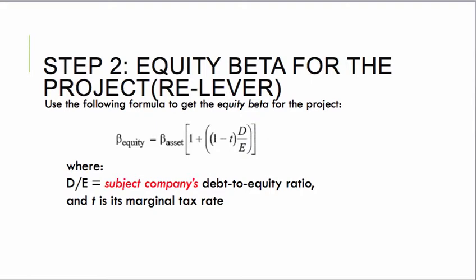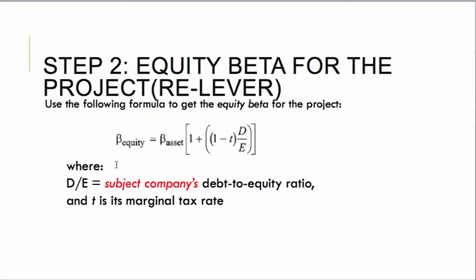Okay, since our target is to find our project's beta or to estimate a private company's beta, after eliminating the financial structure's effect from the comparable firm, we need to relever it based on the subject company's financial structure.